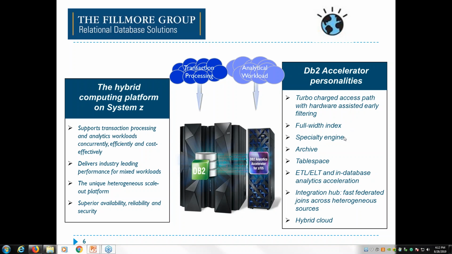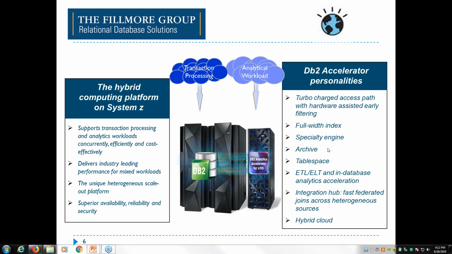It can be considered a specialty engine, like the zIIPs or the zAAPs that you have today, or the IFLs. Specialty engine, which has its own memory and its own processing capability, as well as its own storage in the case of the IIAS appliance. So all of that capability is available within the IDAA.